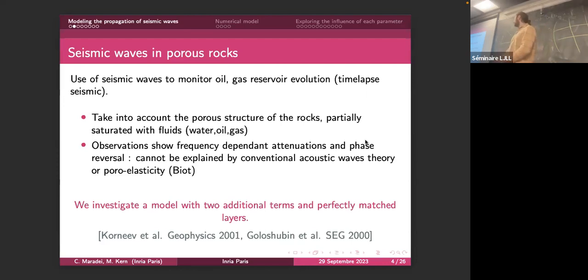And we know from physical observations that there is a dependency between the frequency of the wave and the attenuation. And we also observe what we call phase reversal effects. Those two things cannot be explained with the conventional acoustic wave theory. So that's why we're going to investigate the model with two additional terms.